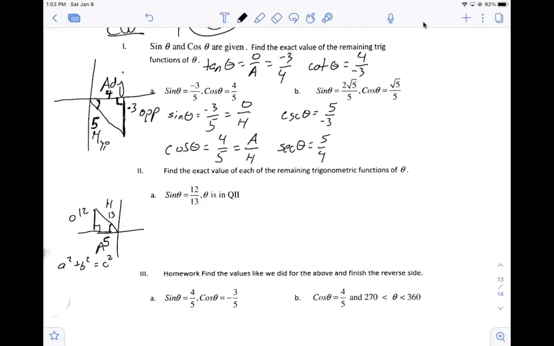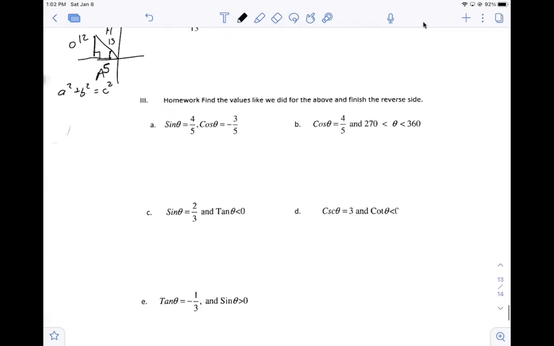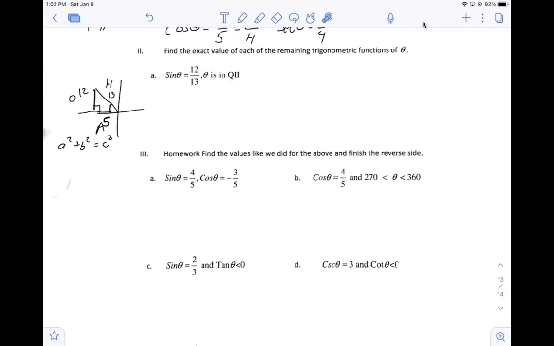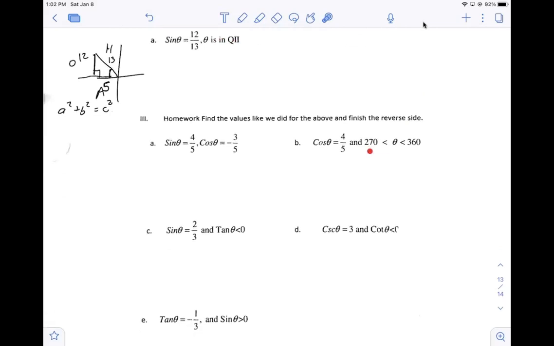Okay. Similar idea in part 3 over here, 3A. On some of these, it doesn't explicitly tell me what quadrant I'm in, but if we look at 3B, well, actually, it really does. It's not saying what quadrant I'm in the same way as 2A, but it tells me that theta is between 270 and 360 degrees.